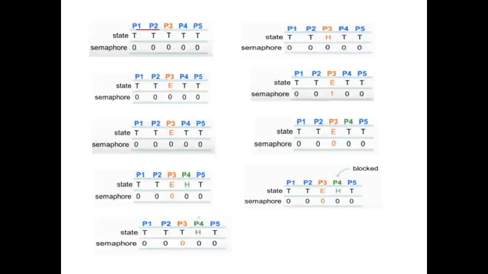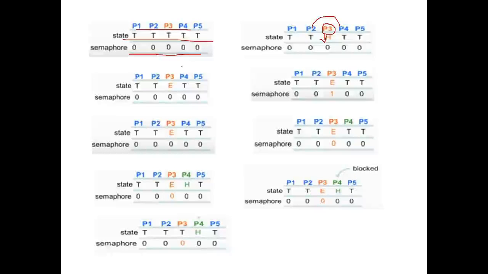Let's see the same example. All the processes are initialized to thinking state at the beginning and all are initialized to 0. Whenever a process wants to eat, it is going to change its state to hungry first, and it is also going to check if the neighbors are not eating.